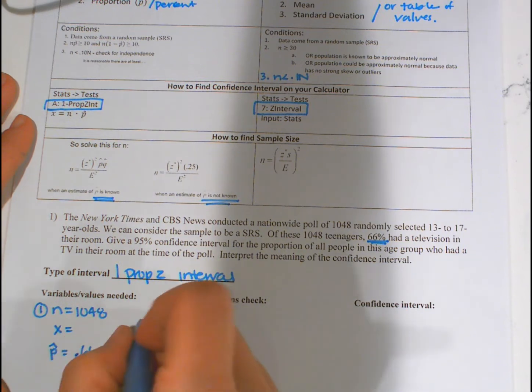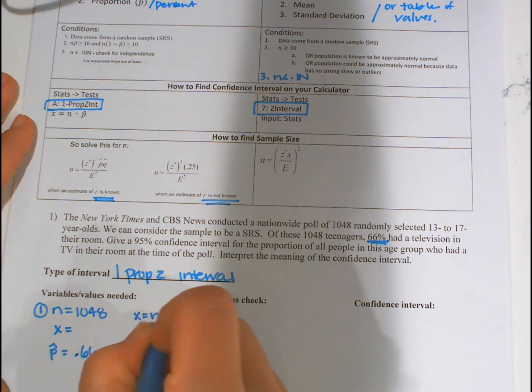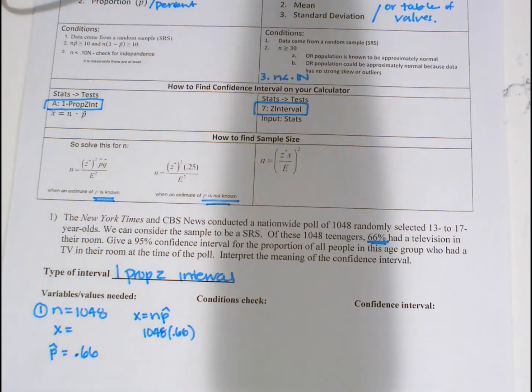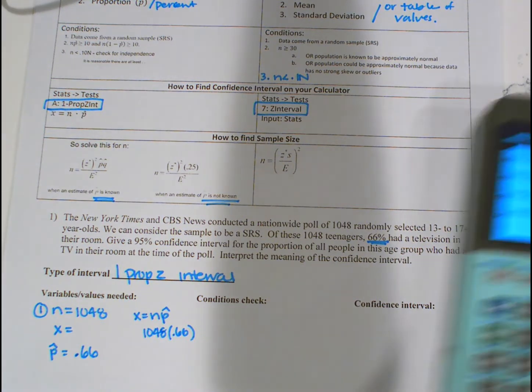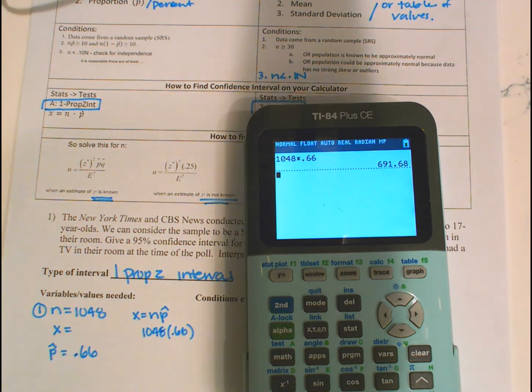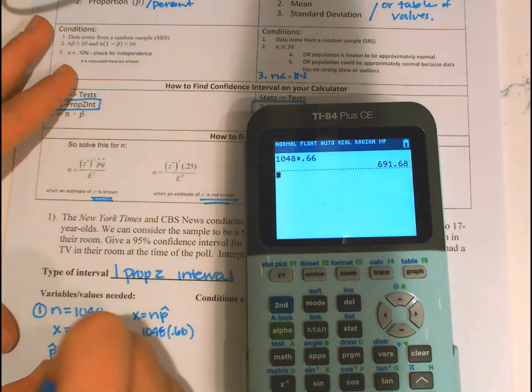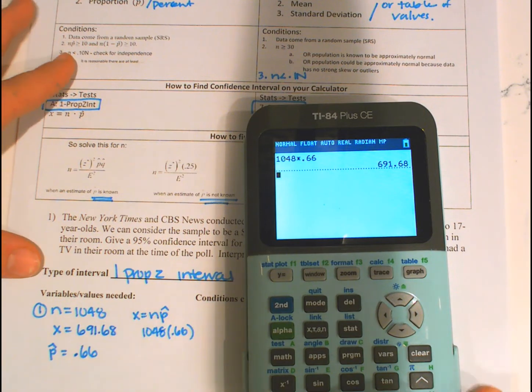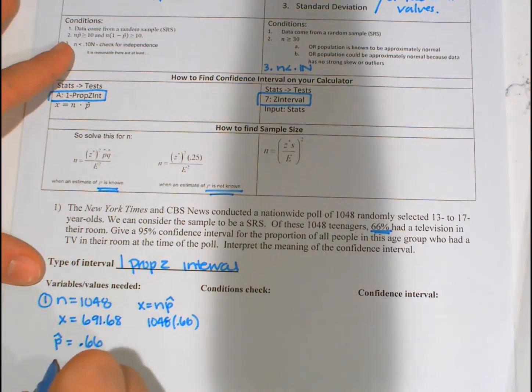So if I want to find my x value, I just take n times p, because x is going to be important when we type this into our calculator. So if I take 1,048 times 0.66, I get 691.68. And we'll keep that since it's a pretty rounded decimal. And then for my confidence interval, I'm looking at 95%.